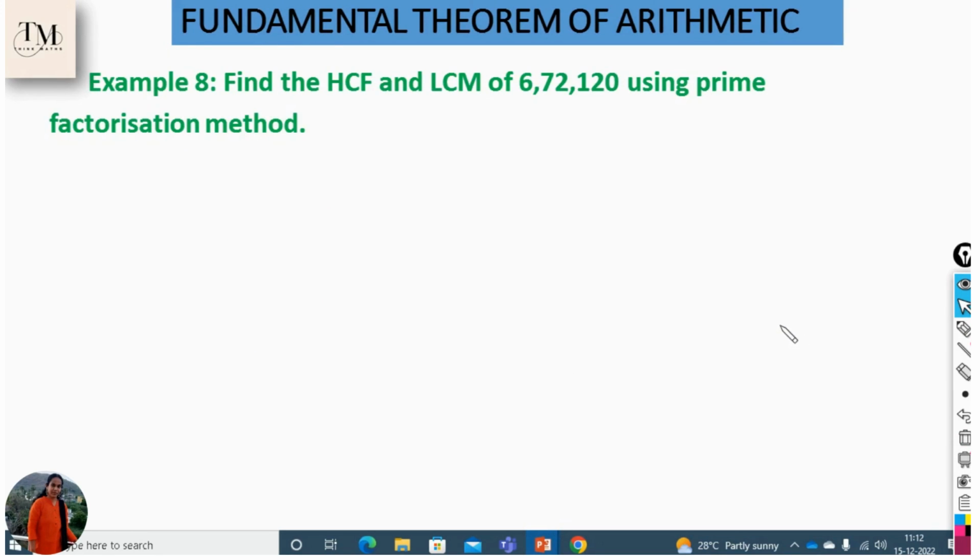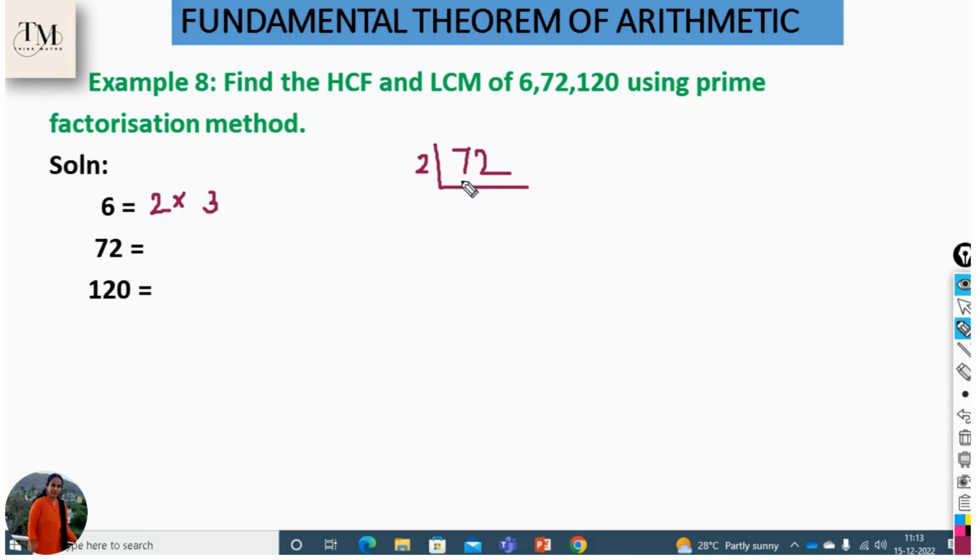Example 8. Find HCF and LCM of 6, 72, 120 using the prime factorization method. So 6 can easily be written as 2 into 3. So let us calculate for 72. 72 is an even number, so you can use 2 as the least prime. 2 threes are 6, balance 1. 6 twos are 12.